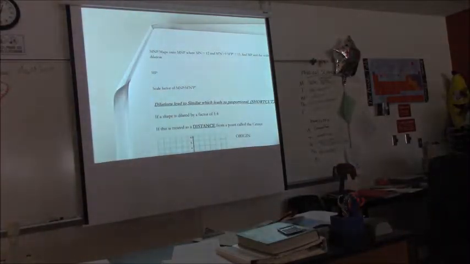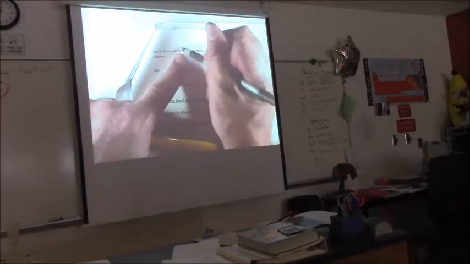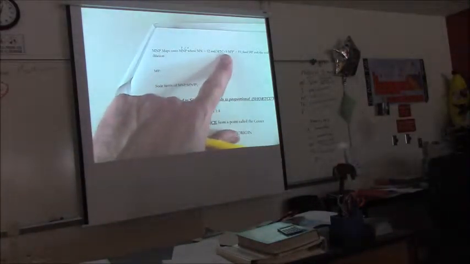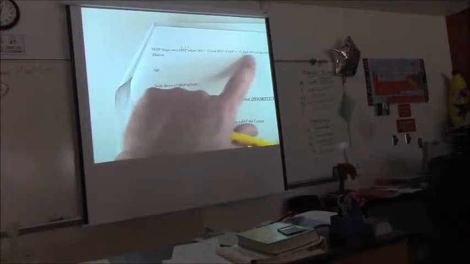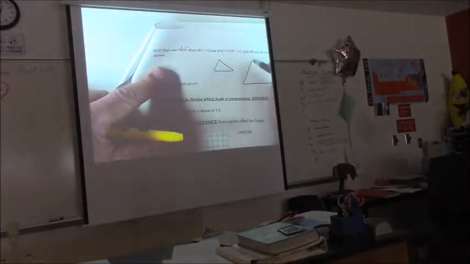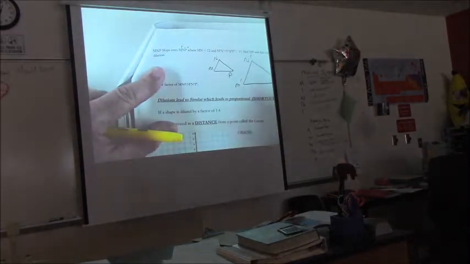All right, on similarity, you don't know if it's similar, but the way they talk, watch. MNP maps onto M prime, N prime, P prime, where MN is this, M prime's 9, M prime, P prime's this, yada, yada, yada. So when they say that MNP maps onto another shape, then I already know it's similar.